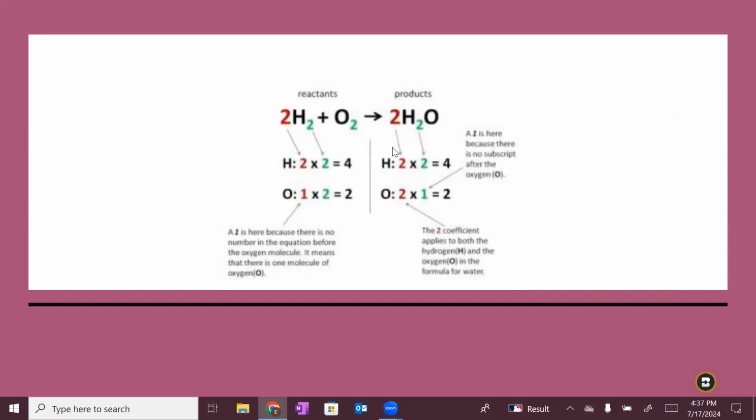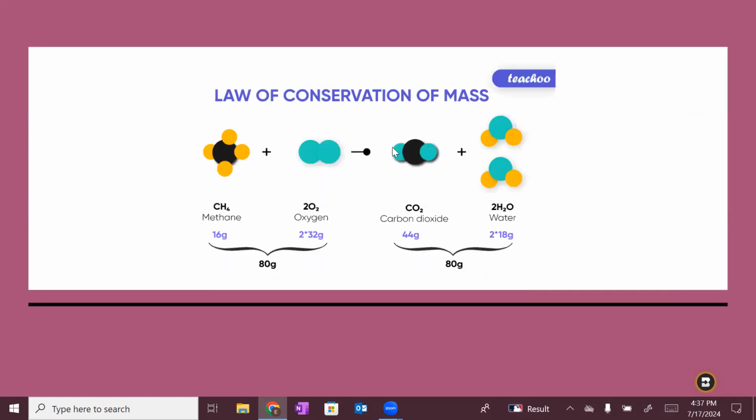Okay? Then let's continue. Now we want to count. We can do this, but let's count again. How many oxygen atoms on the reactant side and on the product side?